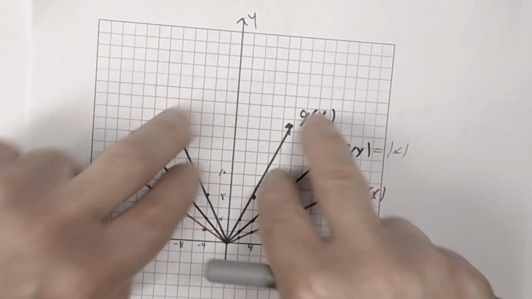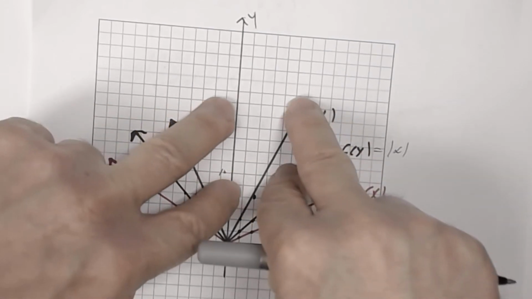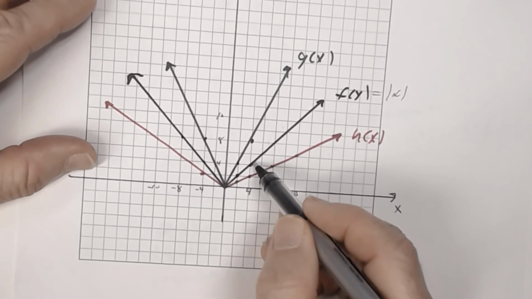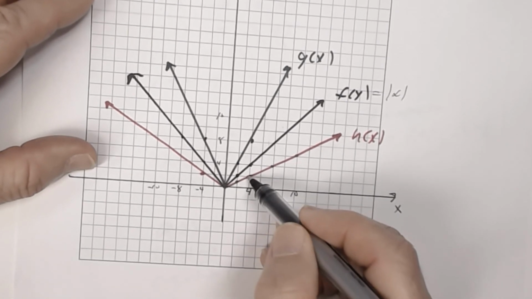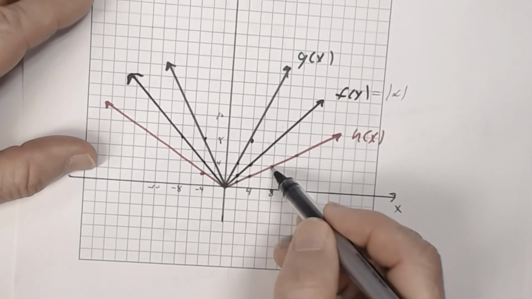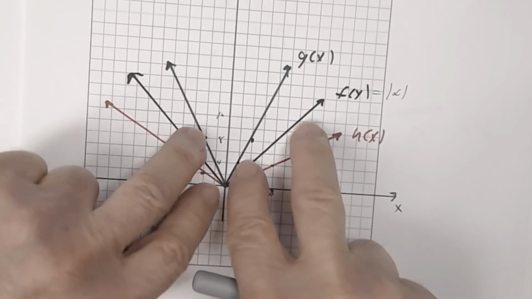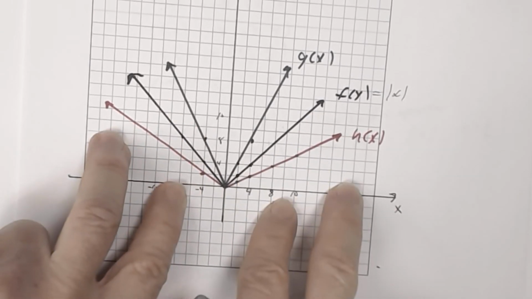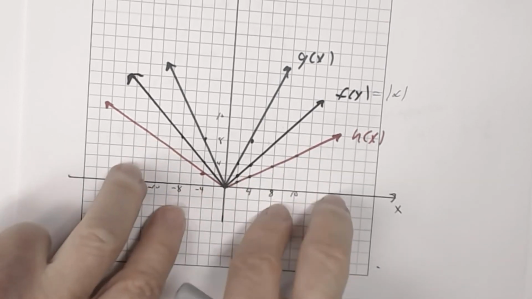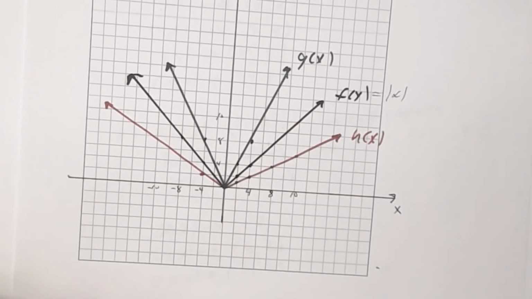When you have a vertical compression, you're taking the point here, the y value, and you're moving it down, which means that the y value becomes smaller. So you have a vertical compression, a vertical shrink, meaning that the y values are shrinking. So you're getting closer and closer to the x-axis.